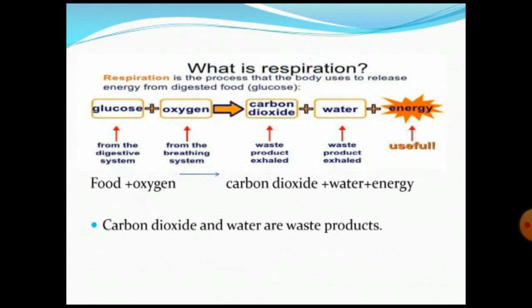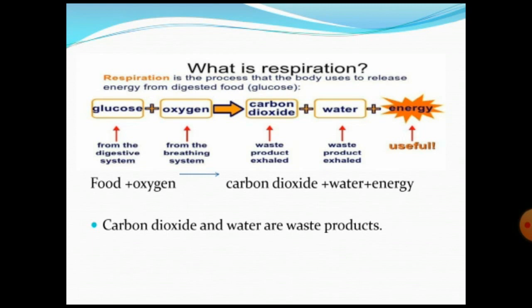See what happens in respiration. It is a process that the body uses to release energy from digested food. Glucose. The food is in the form of glucose, stored food in your body. Glucose from the digestive system in animals and from the process of photosynthesis in plants combines with oxygen, which comes from the breathing system in animals and from the air in plants, to give out carbon dioxide, which is a waste product.